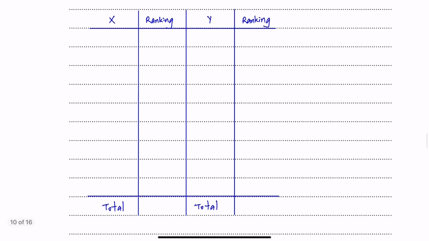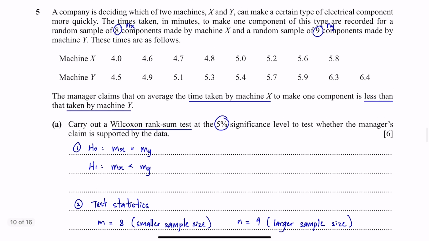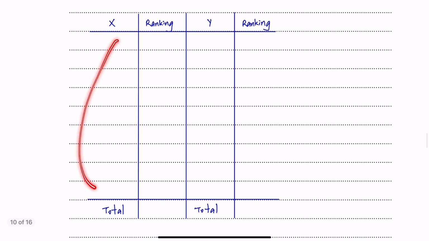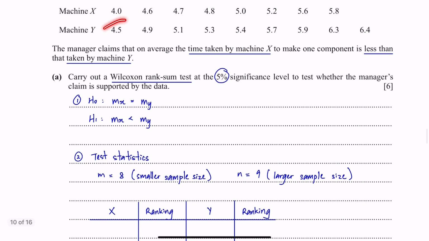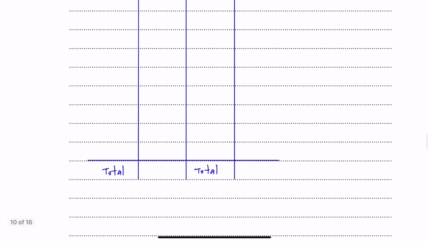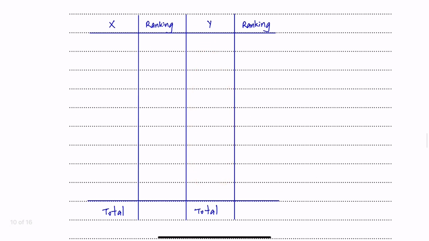So now we copy the data. I copy this whole thing and put it here, and for Y, I would put it here.